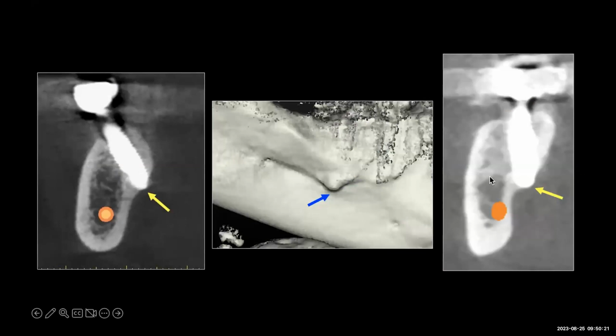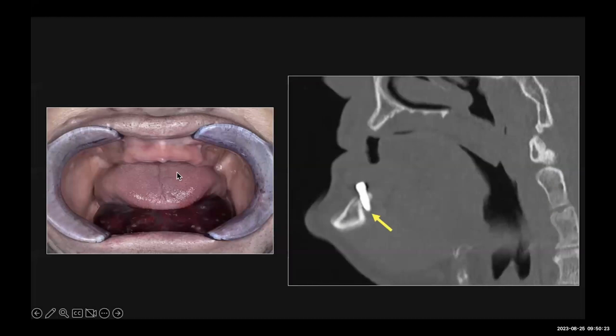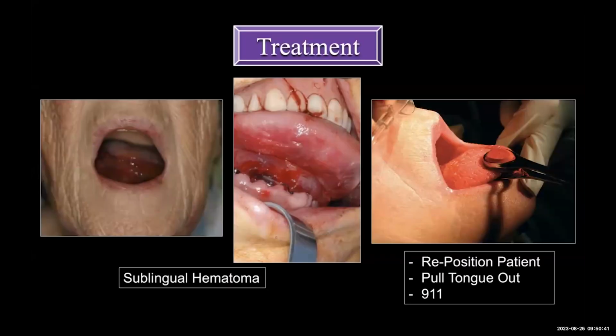If you perforate, that gets very dangerous. Why does it get very dangerous? Because it becomes a sublingual hematoma. You can see here, this is an actual case that I was involved in. The doctor perforated, and you can see here's the tongue space. It completely obliterated their airway. So that is a 911 distress, life-threatening situation, all from going too far and perforating.